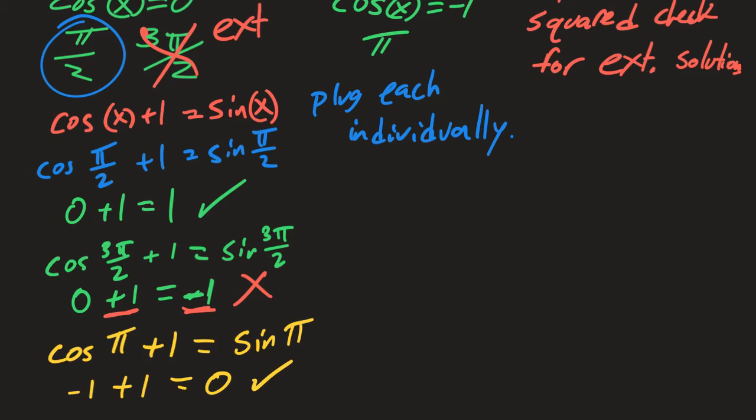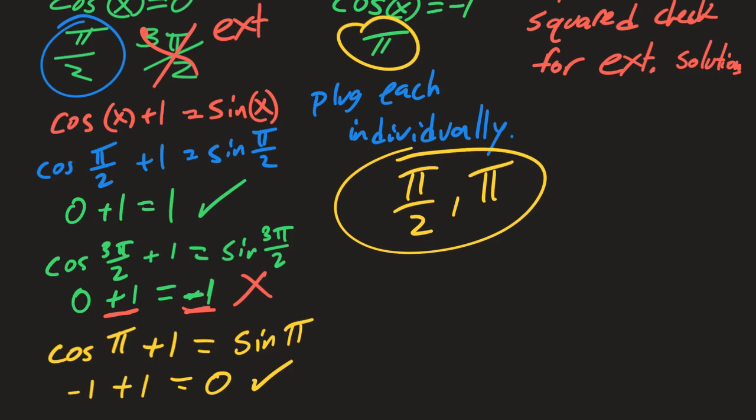And we can say, yeah, that's true as well. So my only answer that didn't work out was 3 pi over 2. Pi and pi over 2 both worked out as my solutions. All right, so that's checking for extraneous solutions. Remember, all you do is you go back, you plug in the answers that you got into the original equation.